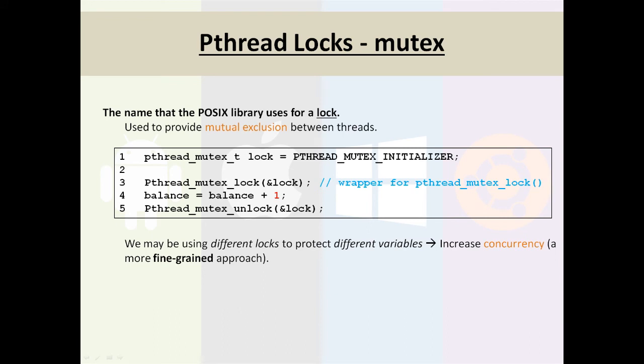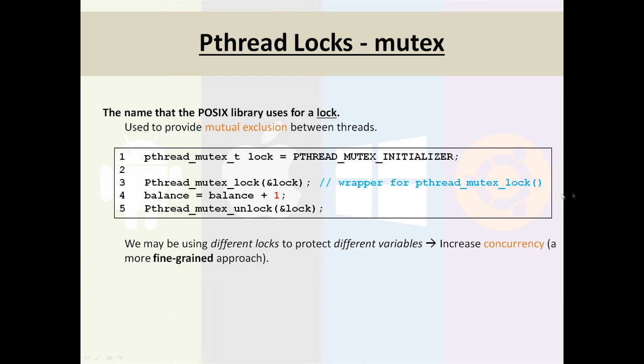Specifically for the POSIX library, which remember we discussed a little bit last time, that Unix-based library, we have a slightly different naming convention for our locks. We use pthread_mutex_t to define a lock. And this is again used to provide our mutual exclusion between threads.